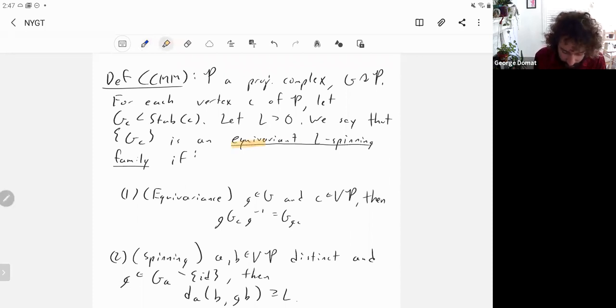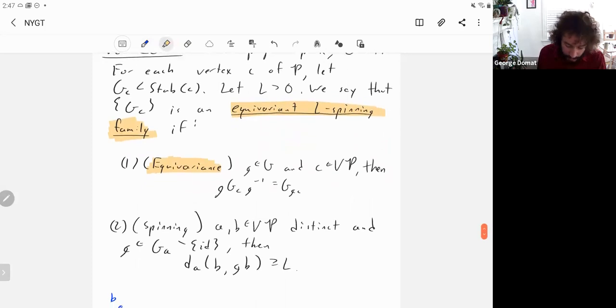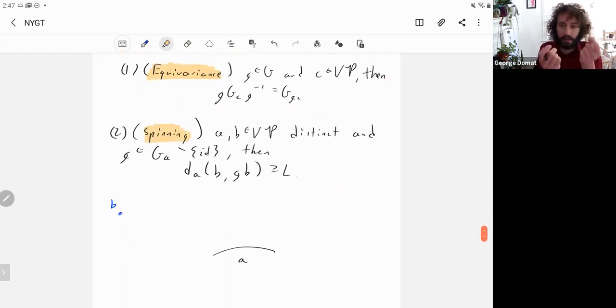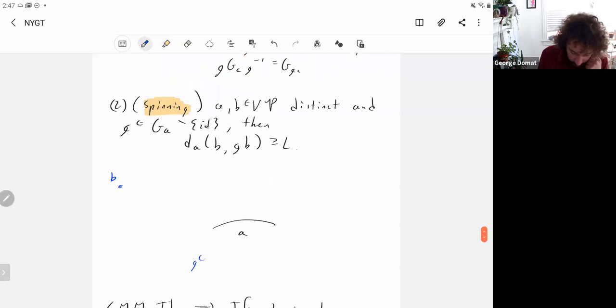And so we say that this family of all the GCs is an equivariant L spinning family if two things hold: an equivariance condition, which is really the same one as from the rotating, and then the spinning condition. What is this? It says that if you have any two distinct vertices A and B in your projection complex, and you take some little g in GA, and you hit B by GB, then if you measure the distance in A between these two, it's big.